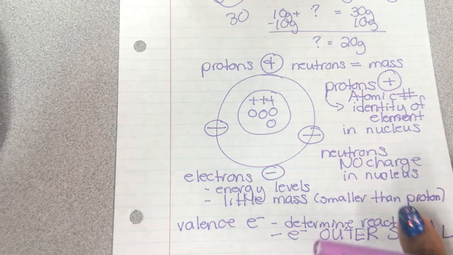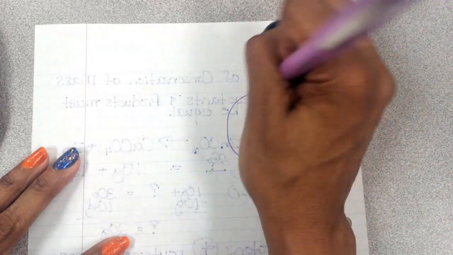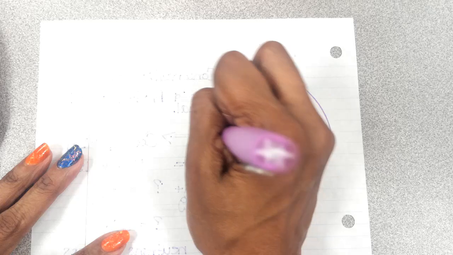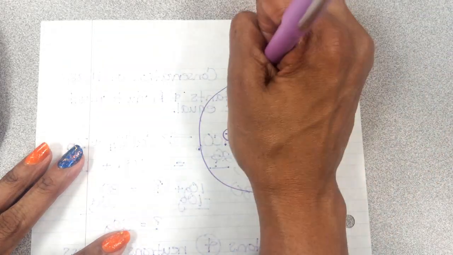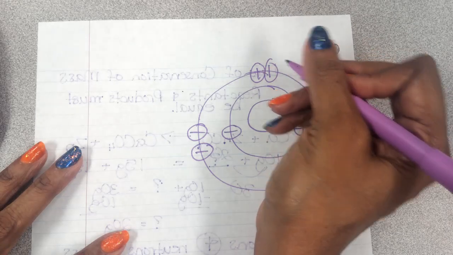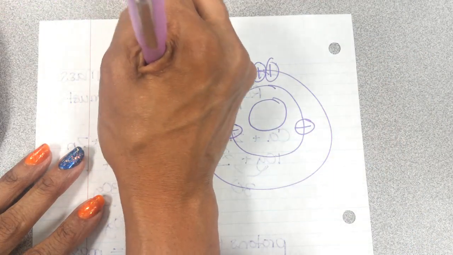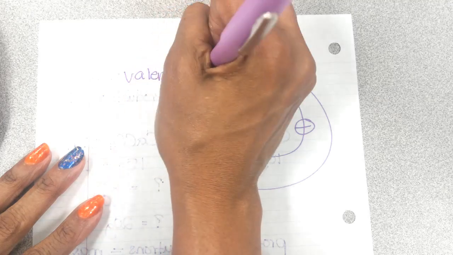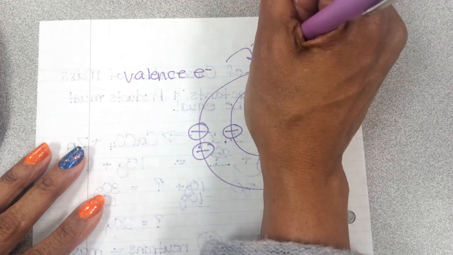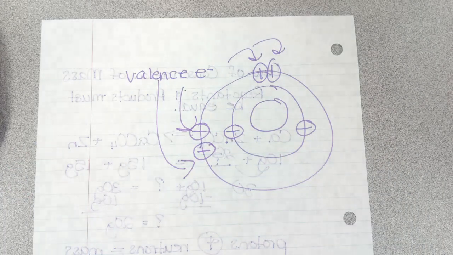I'm going to draw one more example of a valence electron. If this is my first energy level, these here are the electrons in the outer shell. These are the valence electrons. So that would be this one, this one, this one, and this one. Okay?